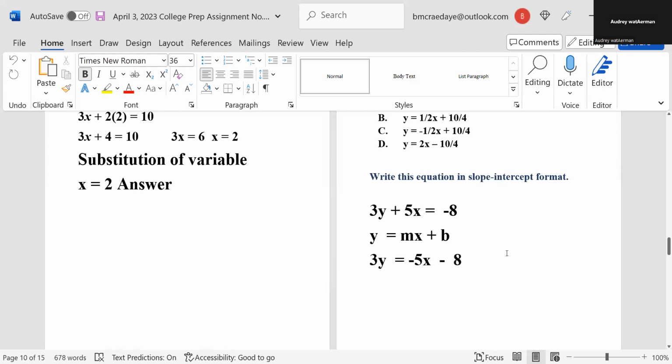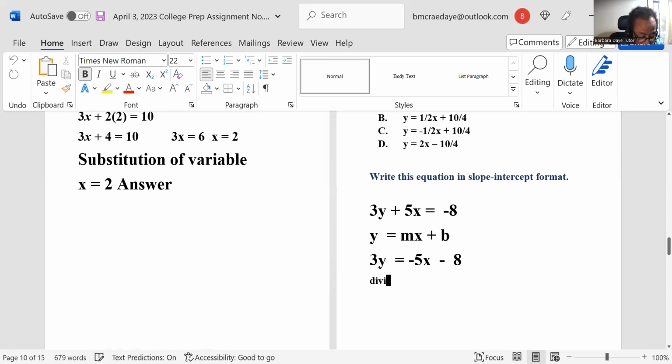3y is a multiplication, Maureen. So what's your next step? Division. Divide both sides by what? By 3.